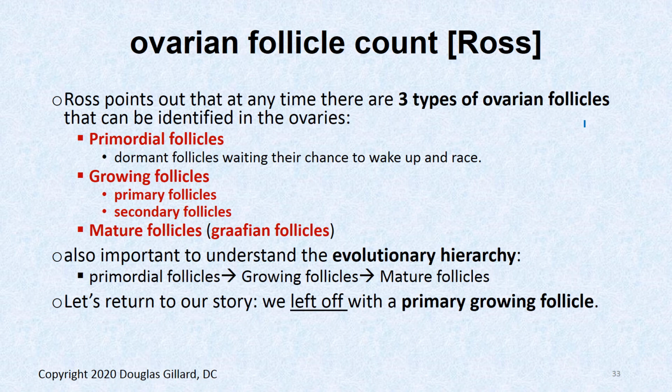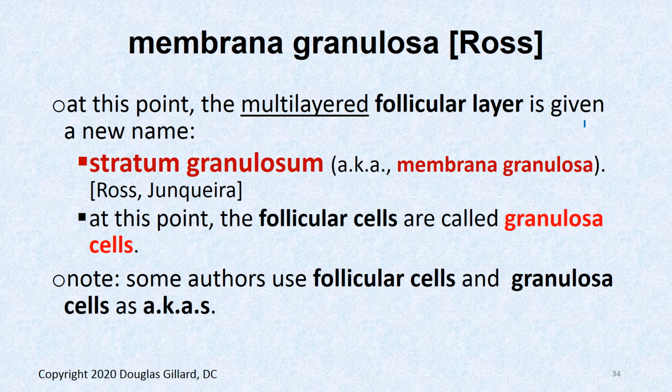This thing is going to get bigger and bigger and bigger. So let's turn to our story. We're still at the primary growing follicle stage. So at this point, we do have multiple layers. Now the follicular layer has 2 or 3 layers maybe. And once it has 2 or 3 layers, you don't call it the follicular layer anymore. Now you call it the granulosa, stratum granulosa, or membrana granulosa.